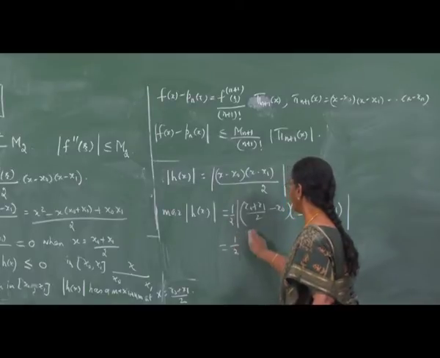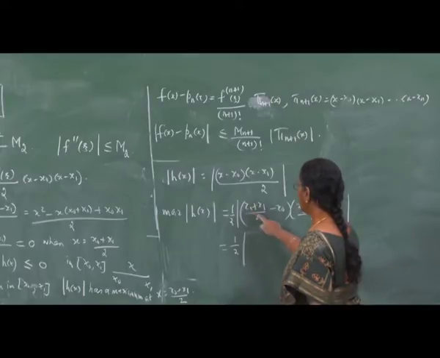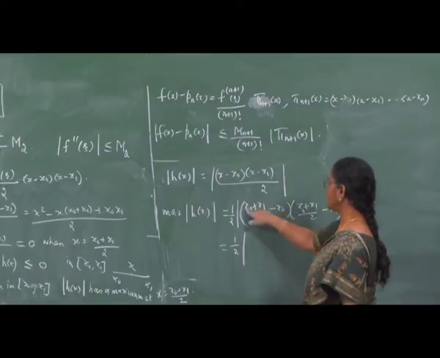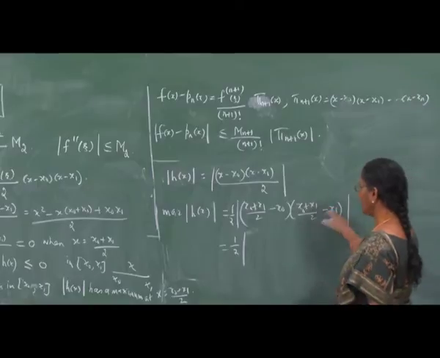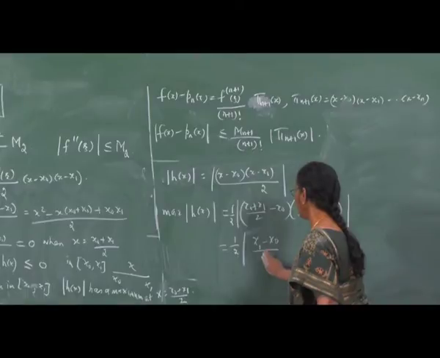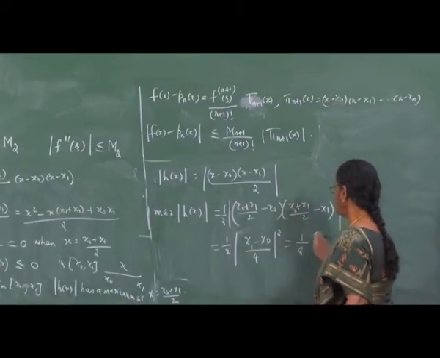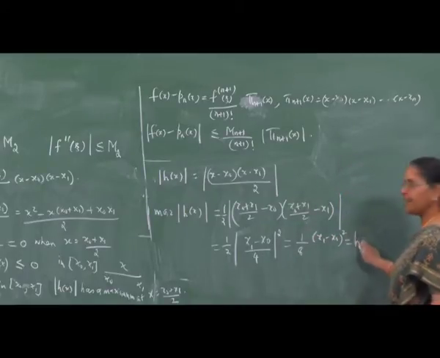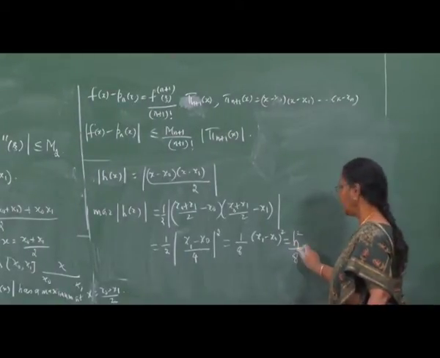So, it is half of modulus of, what do you get, x1 by 2 minus x naught by 2. Here again x naught by 2 minus x1 by 2. So, it is x1 minus x naught by 2 into 2, so 4 the whole square. So, it is 1 by 2 into x1 minus x naught the whole square, but x1 minus x naught is h. So, it is h square by 8.